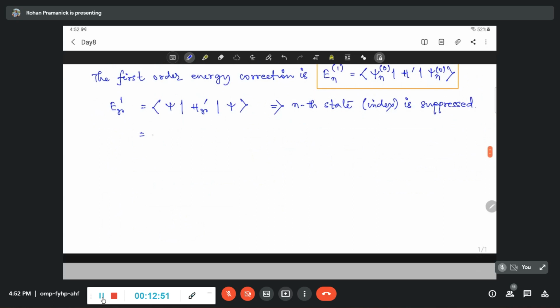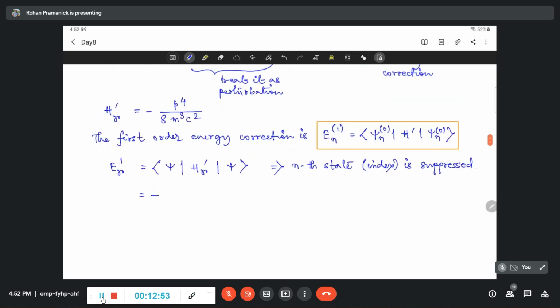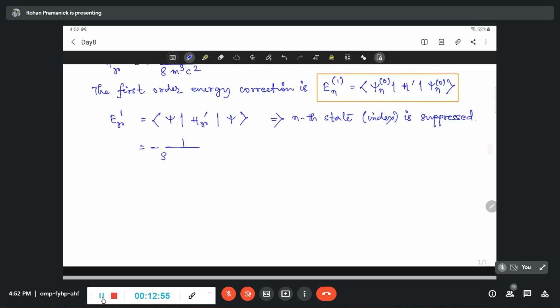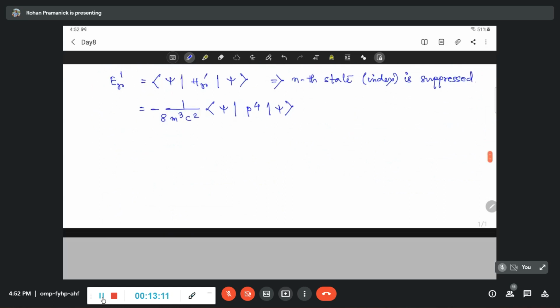Okay, so this becomes minus 1 by 8 m cubed c squared, psi, in general psi, p to the power of 4, psi. Now what I will do is introduce and multiply this 2m thing.